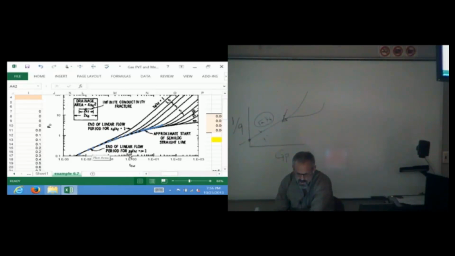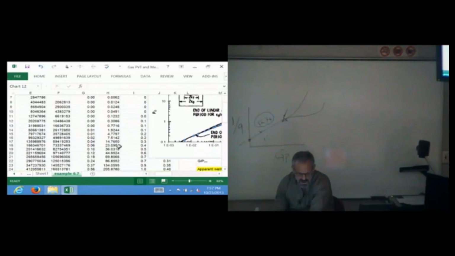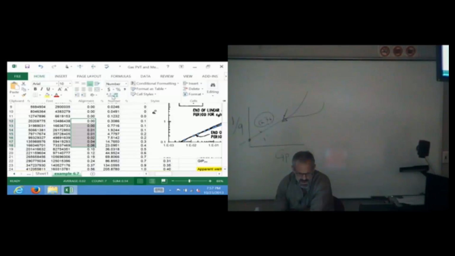Okay? And here we can see some important things that might be helpful for us. It tells us when the end of the linear flow period is. That's good because I'm already guaranteed what data I'll be able to use for a square root of time plot. I'll be able to use data prior to a T sub D x sub f of 0.01. I may have to change my pennies here.